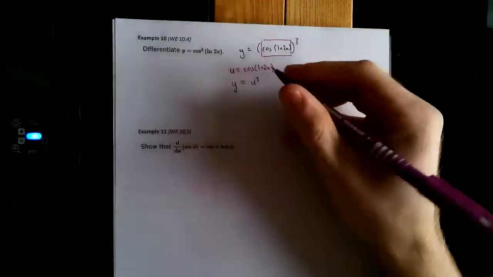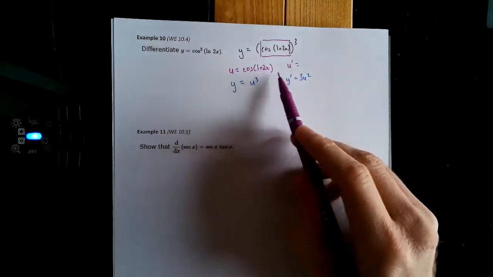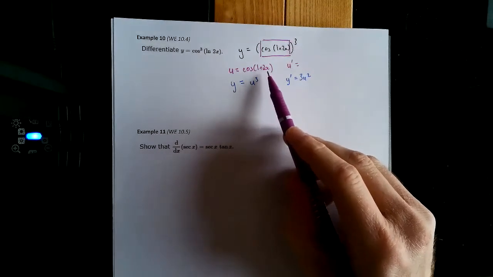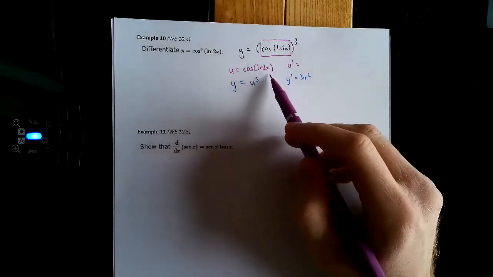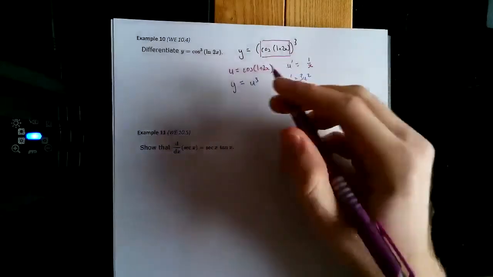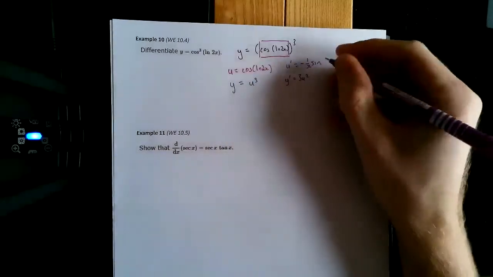Differentiate this u here, and you could use the chain again if you need to. I'm going to see if I can convince you about the quick way. So ln 2x would differentiate to 2 over 2x, which is 1 over x. Cos differentiates to minus sine, and the angle stays the same.